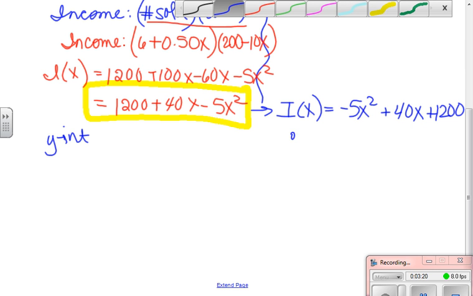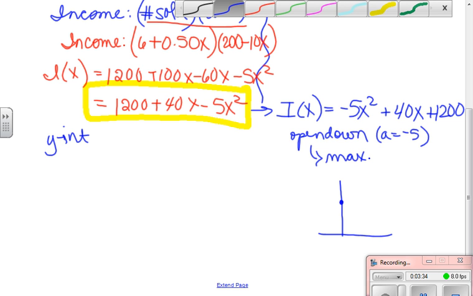This opens down because a is negative 5, so there's going to be a max value. If you think about sales, we start with whatever our sale is, reach a peak, and it starts to go down because items are costing too much. It's this peak point that we are interested in. How do I maximize my profit?